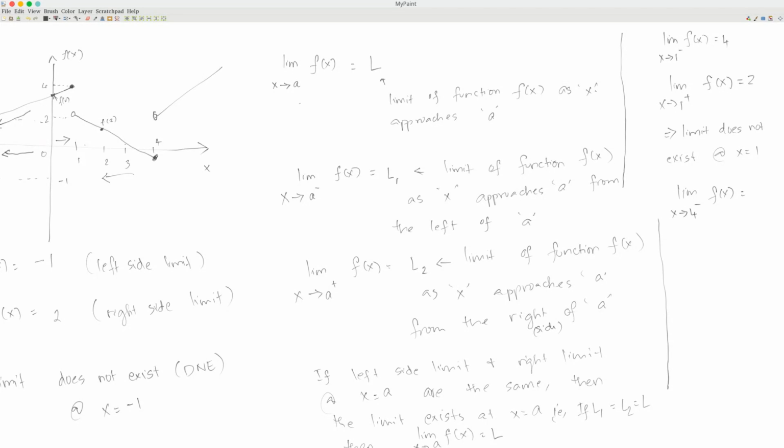So we are approaching 4 from the left hand side. X is getting closer and closer to 4. As x is getting closer to 4, the function is decreasing and it's hitting that value. Perhaps that's about 0.25 with a negative sign. So let's say that is negative 0.25.